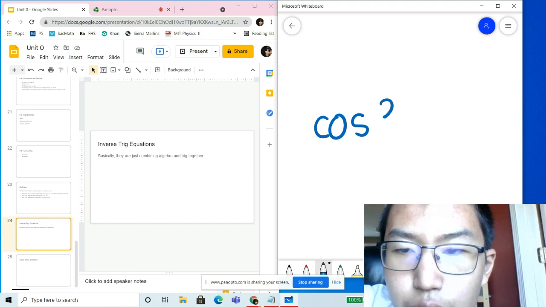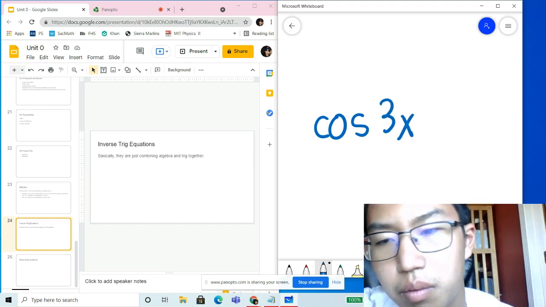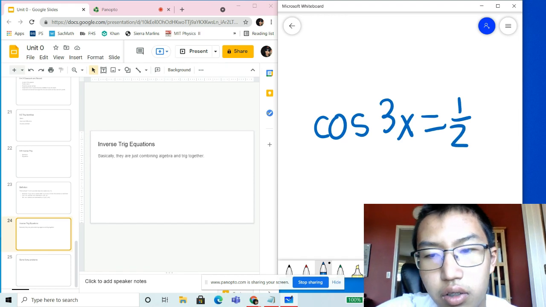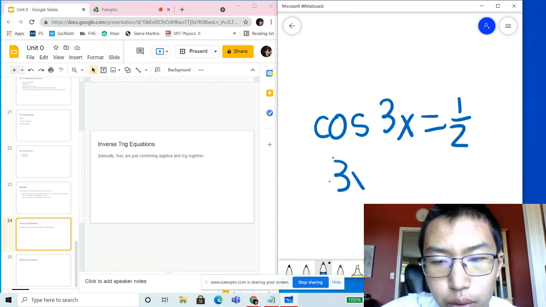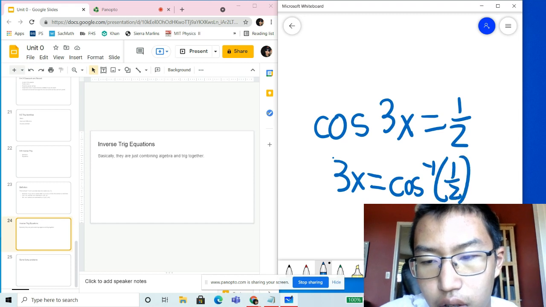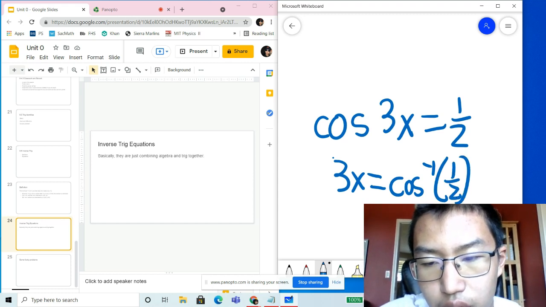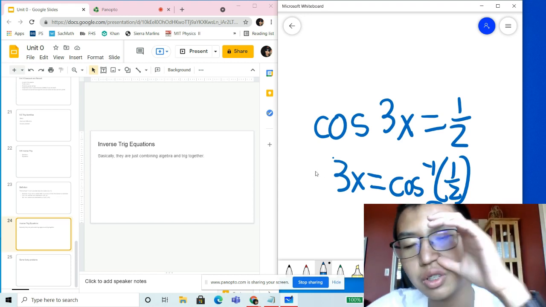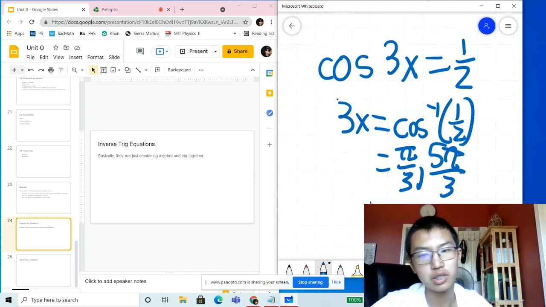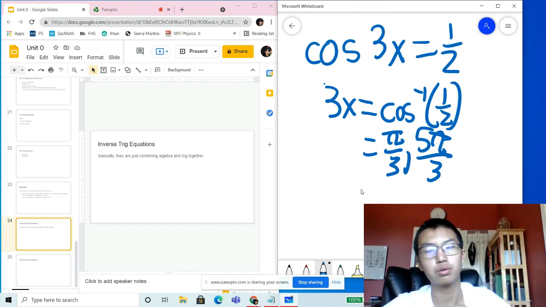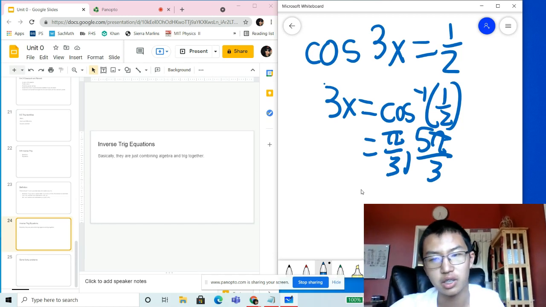Cosine of 3x must equal half. So we know 3x equals the inverse cosine of half, which can be pi over 3 or 5 pi over 3. The interesting thing to note about this is that pi over 3 and 5 pi over 3 must add up to 2 pi.